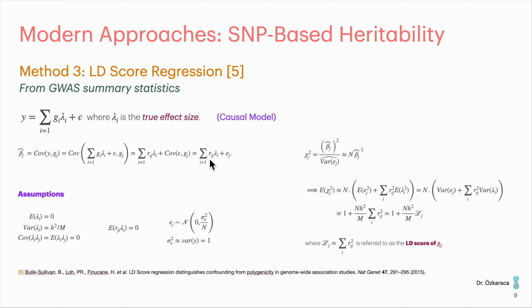So this is the indirect effect of SNP i on SNP j. Then we run this through all genome positions, so i changes from 1 to the total number of genotypes, and this total sum of indirect effect sizes, together with some additional random noise term, gives us the GWAS marginal effect size estimates.